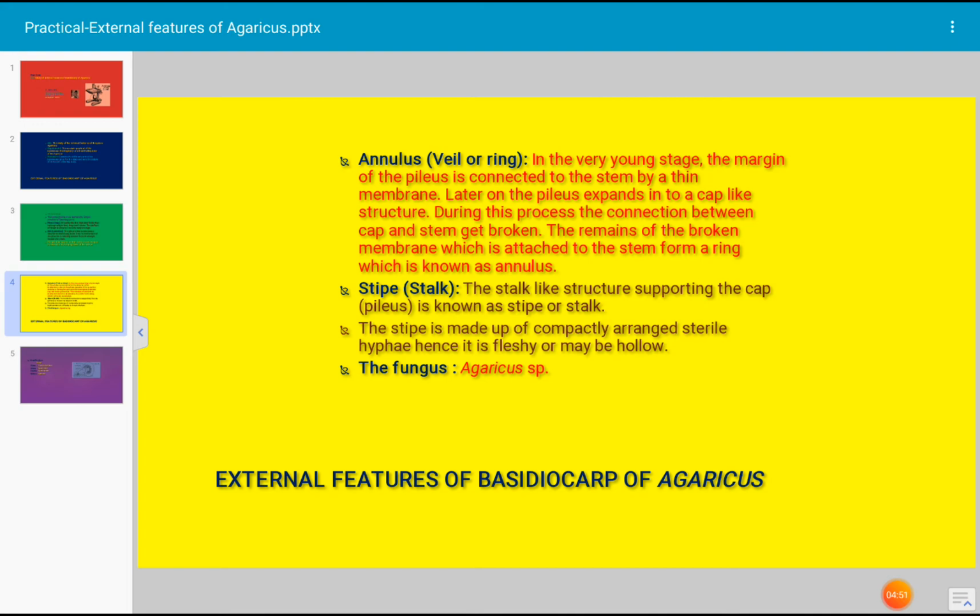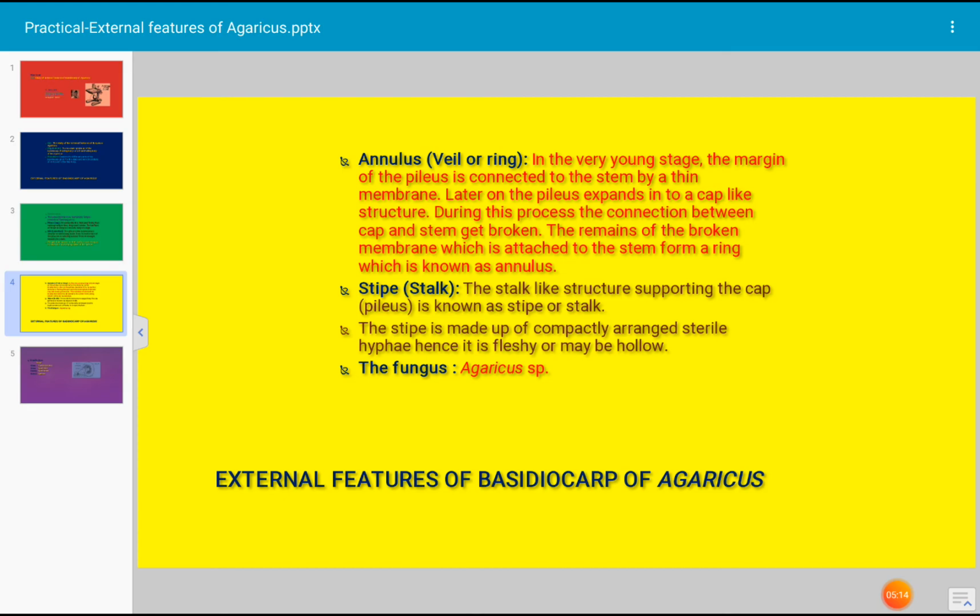The name of the fungus is Agaricus. These are the details of the external features of the fruiting body of Agaricus, which is known as basidiocarp. You have to observe all this in the given museum specimen and write the details.